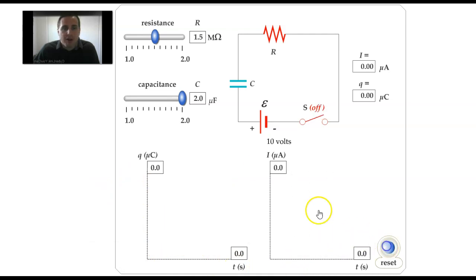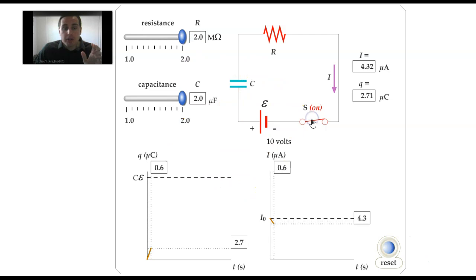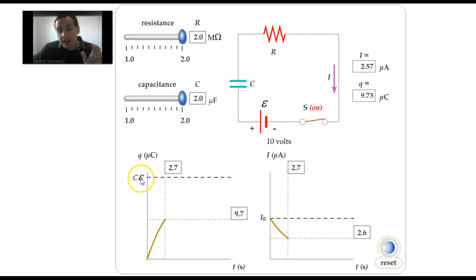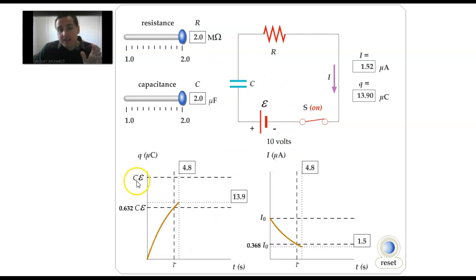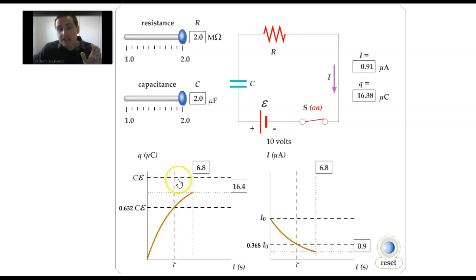Now, one more experiment. What if we were to increase the resistance? Well, if you increase the resistance, I think the current is slower to charge the capacitor. So indeed, it takes even more time to charge this capacitor. So let's go ahead and close the switch. And notice the current value, that is the C epsilon, is the same.